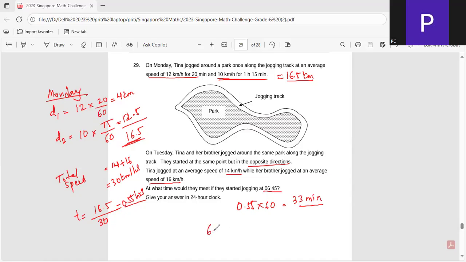So we add 33 minutes here to 15 here. So 7 o'clock and 18, so it will be 7:18. Give your answer in the 24-hour clock. It will still be 7:18 a.m. So the answer is 7:18.